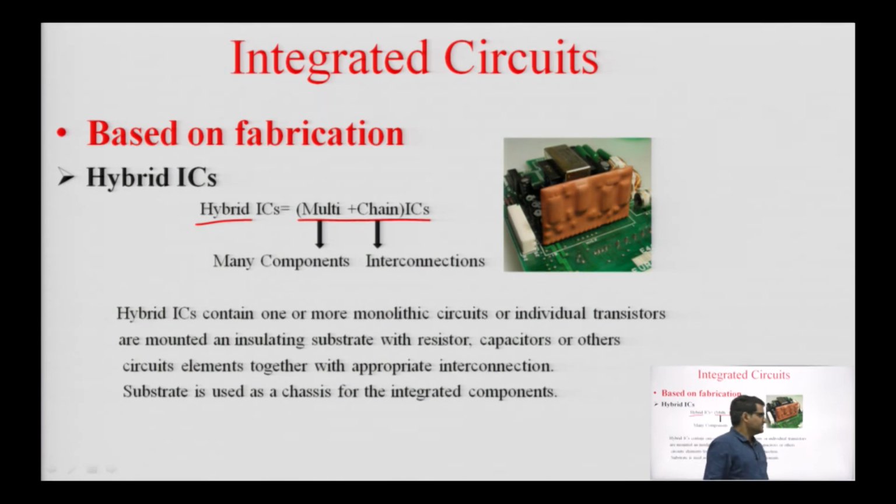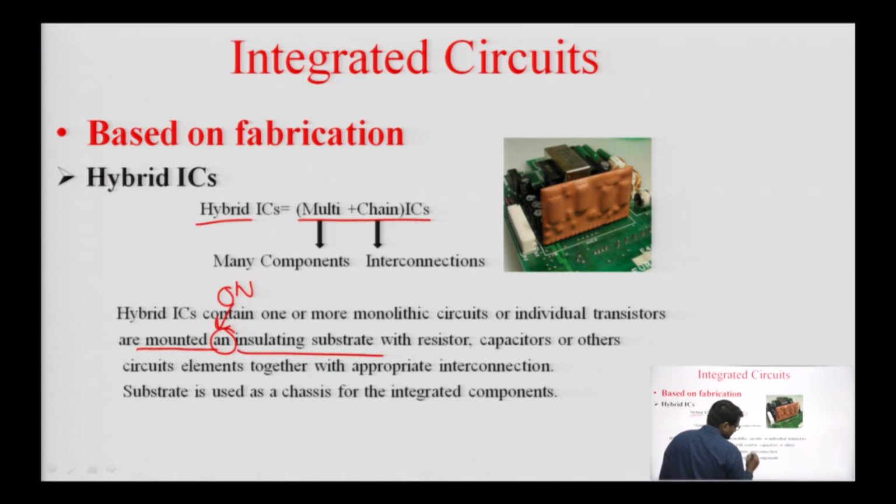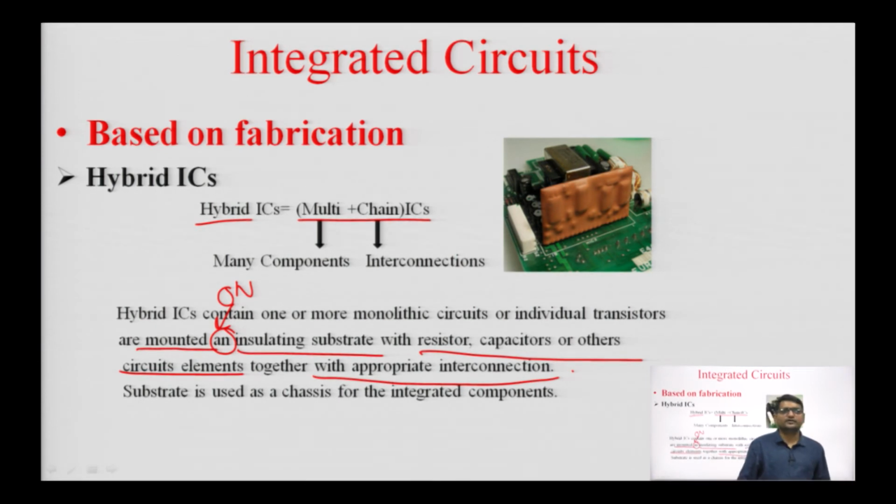Or individual transistors are mounted on an insulating substrate with resistors, capacitors and other circuit elements together with the appropriate interconnections. These components are mounted on an insulating substrate or insulating wafer with their appropriate interconnections.